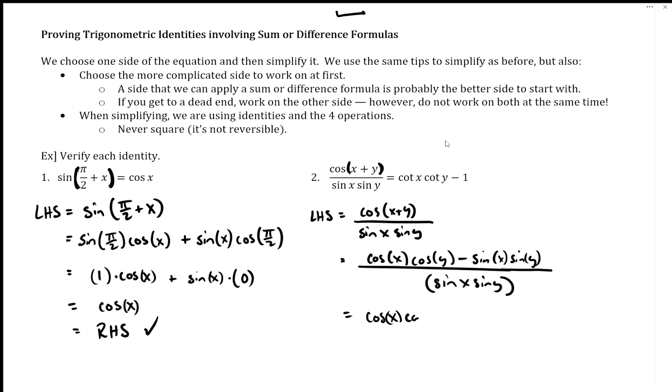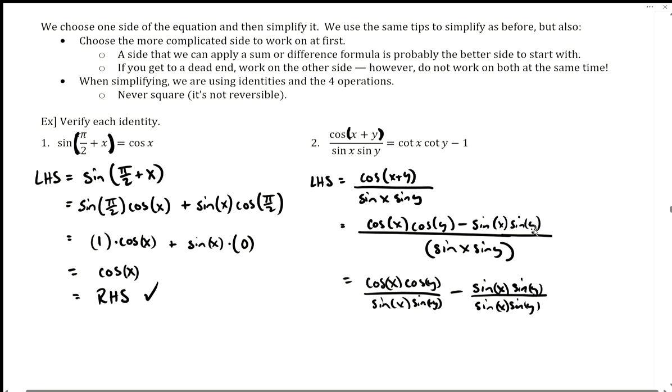Cosine of x cosine of y over sine x sine y, and then minus sine x sine y over sine x sine y. There we are. Now let's continue simplifying.